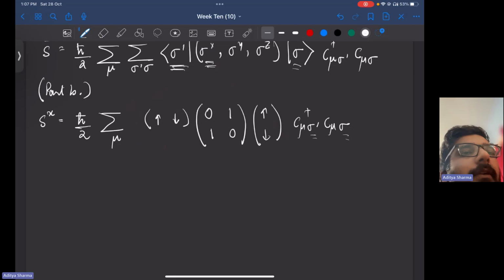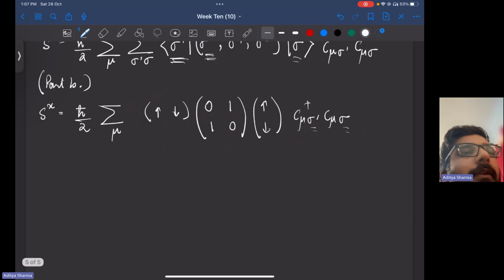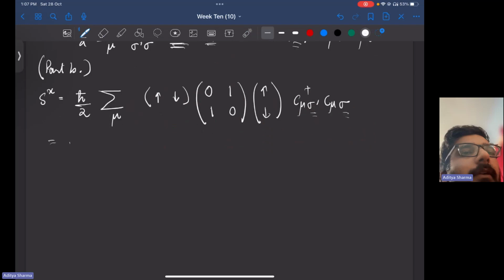That is the idea. In fact, this also I shouldn't have written because it's already collapsed actually. But for notational convenience, I'm doing this. So let us multiply this and see.